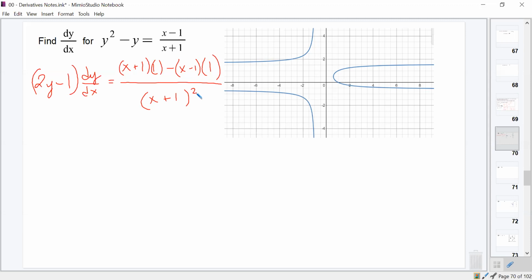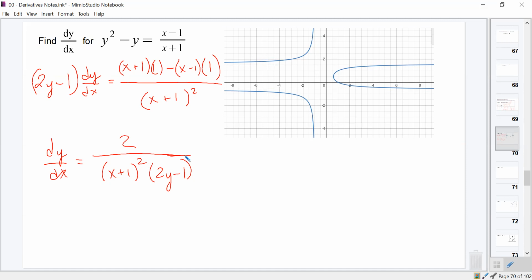So if we simplify the numerator over there, we'll end up with x plus 1 minus x minus 1. So the x minus the x cancels, and we have 1 minus a negative 1, which will give us 2, over x plus 1 squared. And then we're also going to divide by that 2y minus 1.